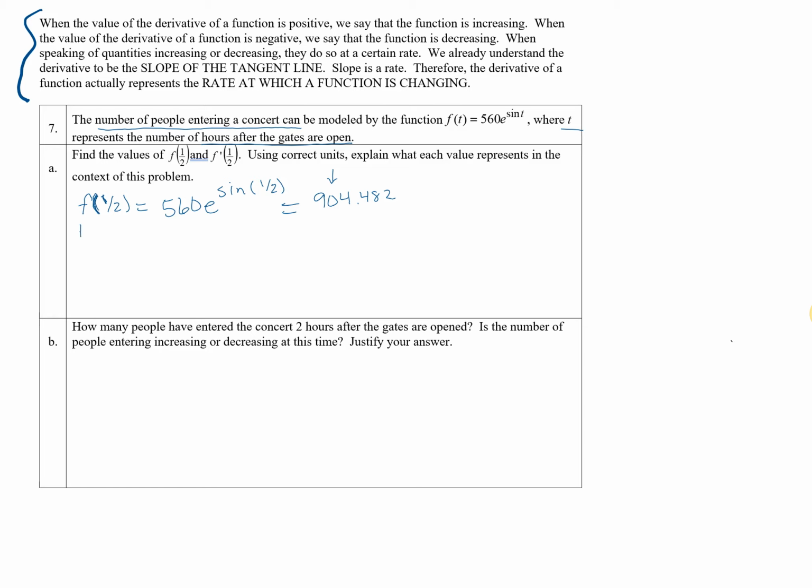It means that a half hour after the concert gates opened, there are 904 people that have entered the concert.